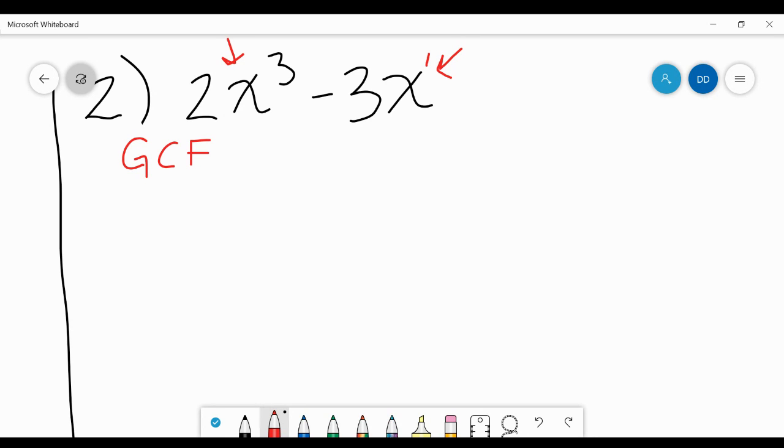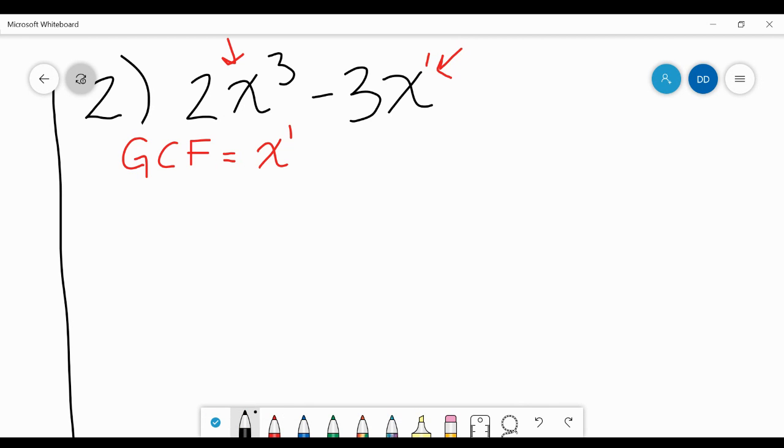So our GCF, because these both have variables, is going to be a variable. So we're going to pick the one that has the smaller exponent. We have a 3 here and a 1 here, so the smaller exponent is our GCF. Remember, we didn't take out a number because the only number that can go into 2 and 3 is 1. Technically, there's an invisible 1 right there, but we don't really need that.